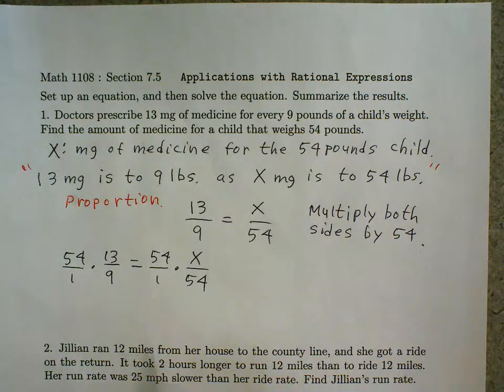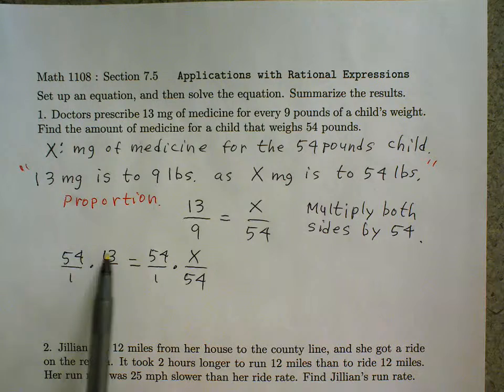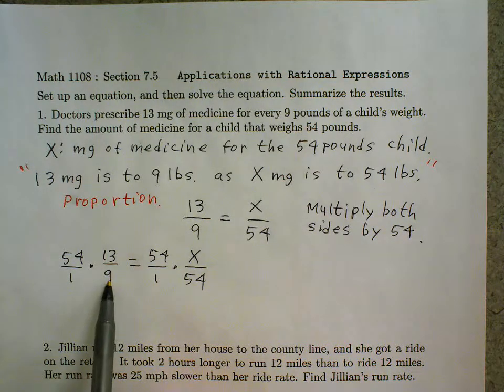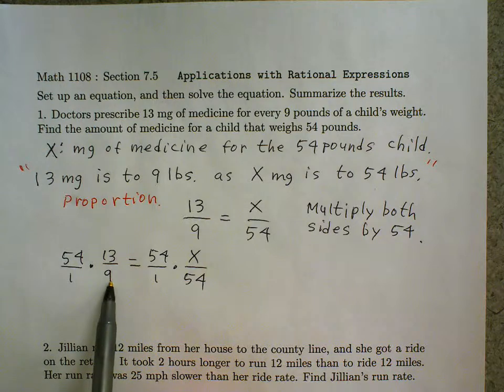The hard way to proceed is, well, it's not hard since you have a calculator available, but you can multiply 54 times 13 and then divide it by 9. Or you can notice that 9 goes into 54 6 times.